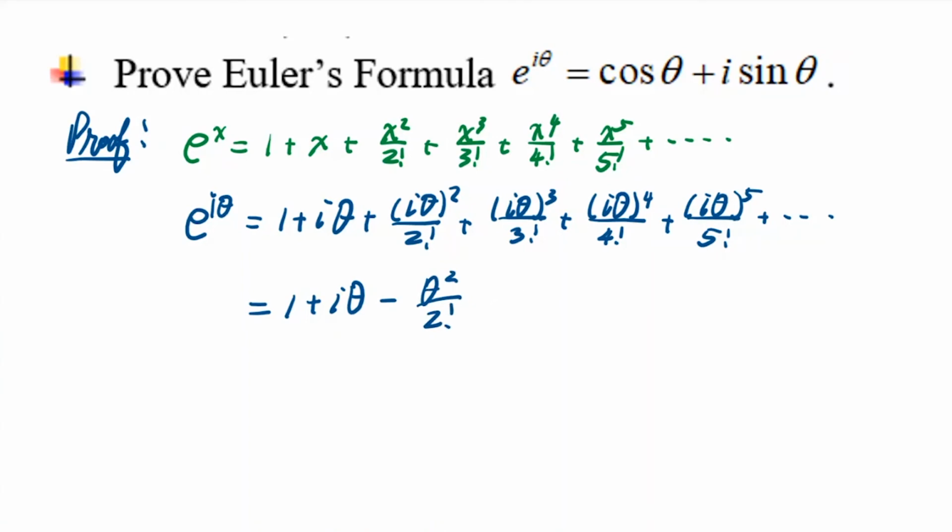Somebody tell me what i cubed is and keep it coming. Oh, come on. Negative i. So theta cubed over 3 factorial. i to the fourth? 1. Fifth? i.